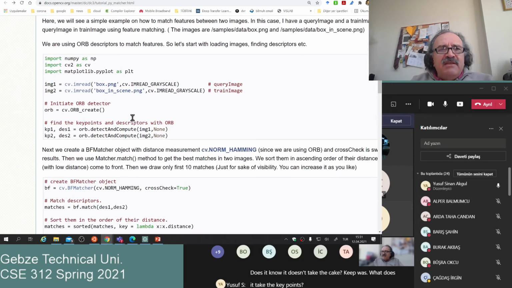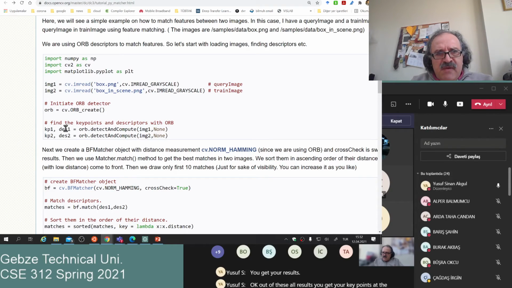Oh yeah, I didn't look at this part. That's true. Okay, yeah. See, it uses the ORB create, or the SIFT create, SURF create. You get your results. Okay, out of these ORB results, you get your keypoints and the descriptors.